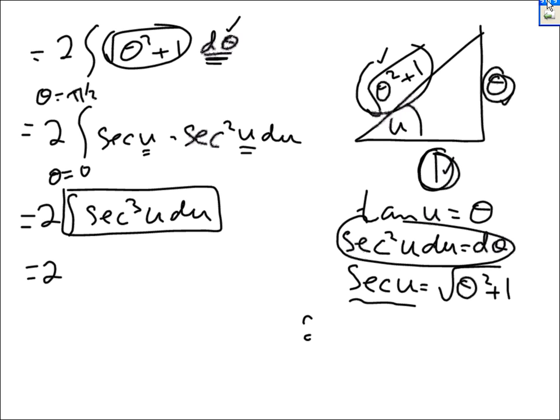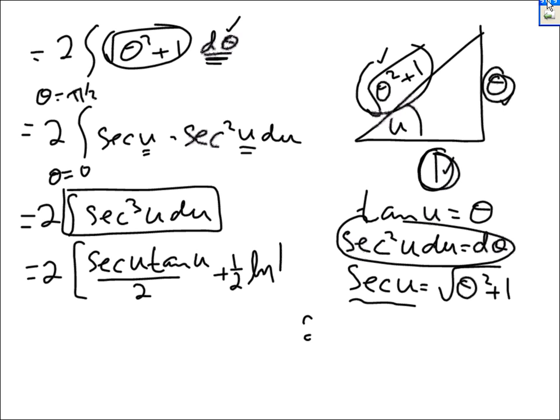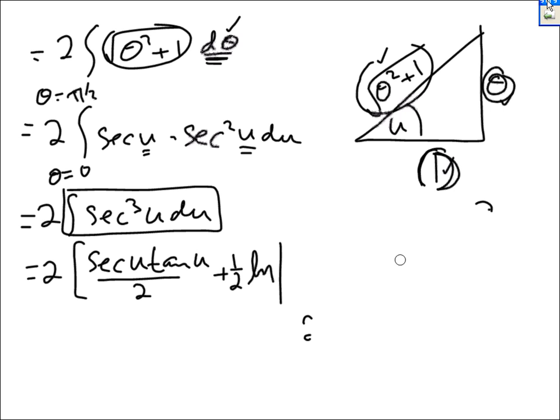And it turns out that this integral of secant cubed u du is secant u times the tangent of u over 2 plus 1/2 times ln of secant u plus tangent of u.